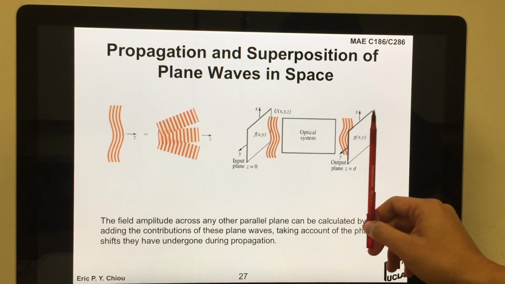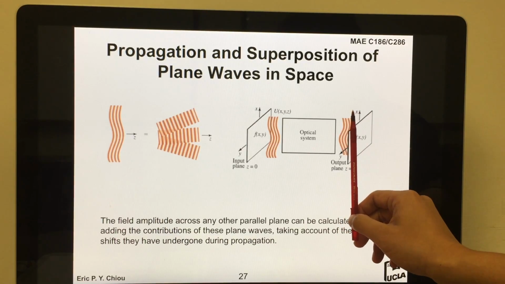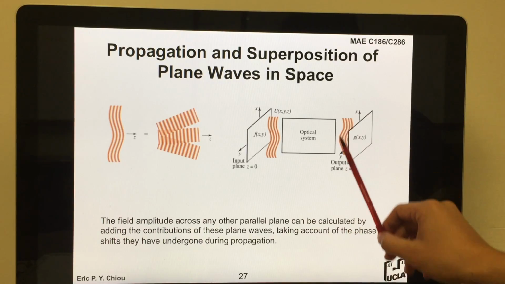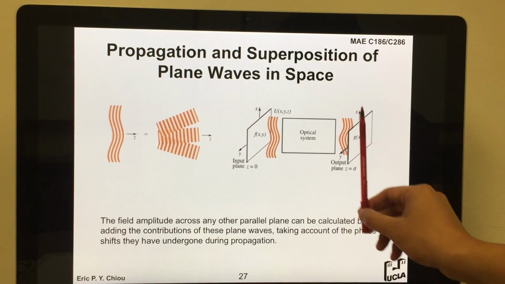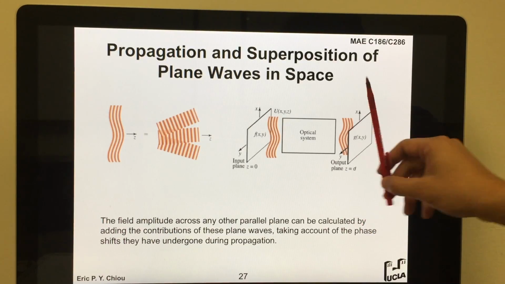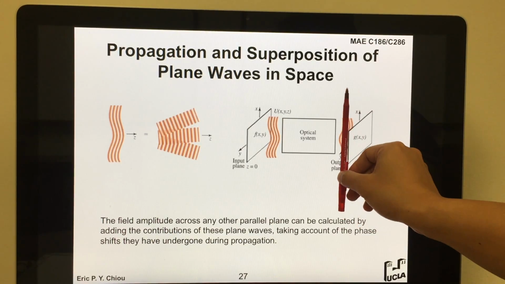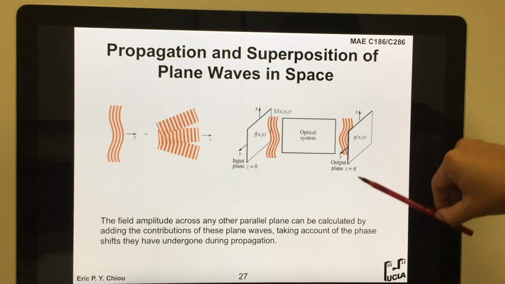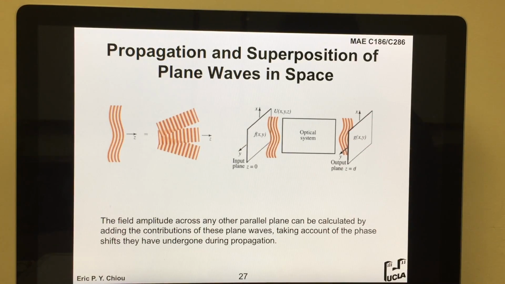By considering that extra phase term, you then do a superposition of this new transform function, and then you can convert it back to calculate the true intensity pattern.